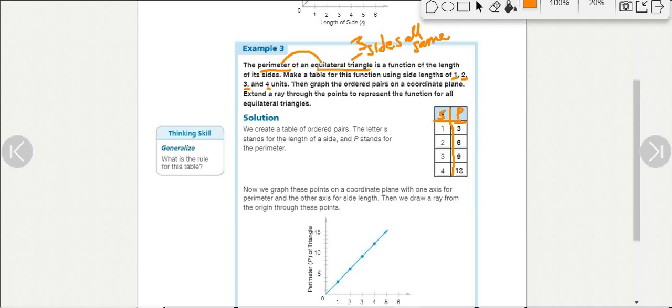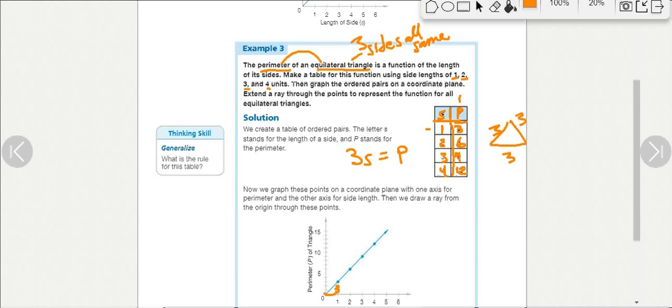So if side length is 1, they said use 1, 2, 3, and 4. Then perimeter would be 3. Perimeter would be 6. Perimeter would be 9 and 12. The function rule is multiply S times 3 gives me P. And then you can graph over 1, up 3.